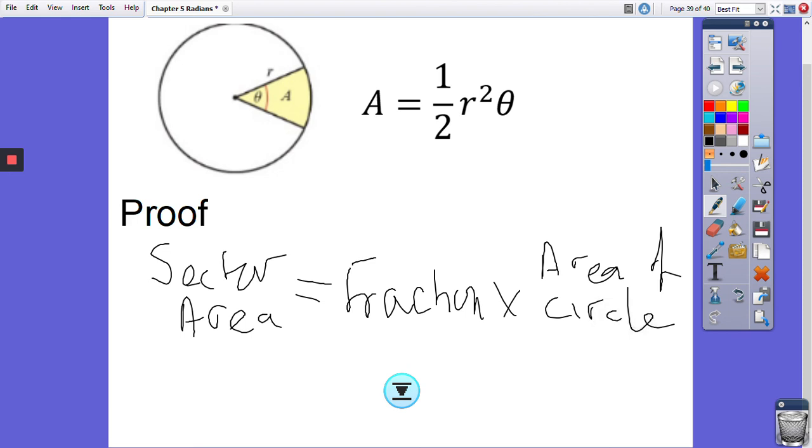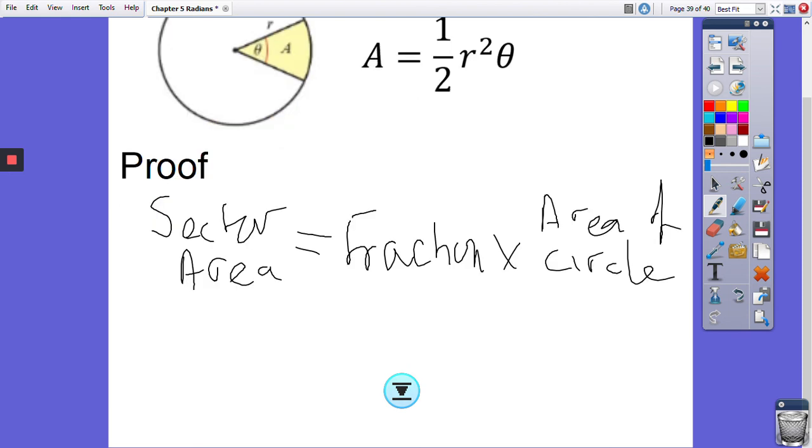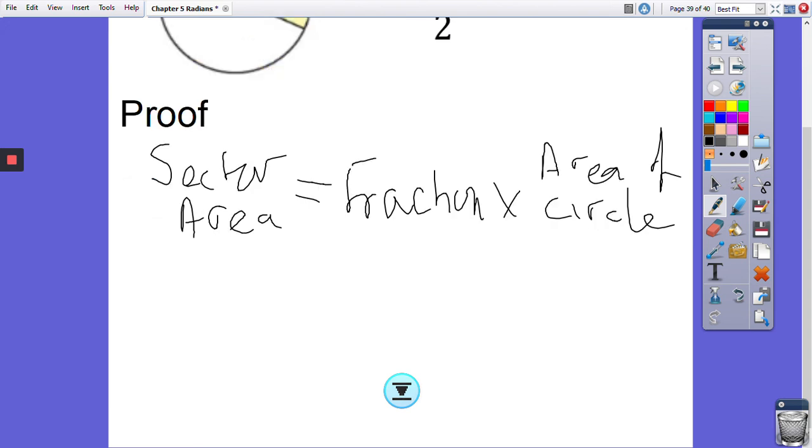If you can read that. Okay, so the fraction, we know that there's 2 pi radians, as we've seen before, in a total circle. So we are going to do theta over 2 pi for the fraction of a circle, and the area of a circle is going to be pi r squared, of course.